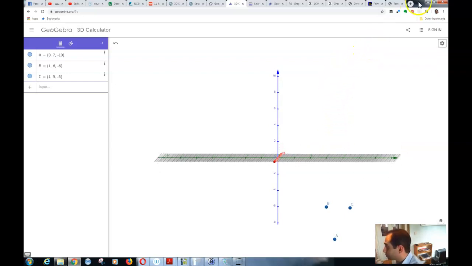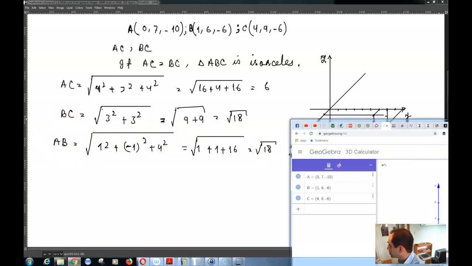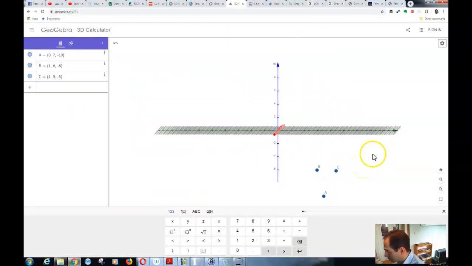Okay. So now, basically we saw that AB was equal to BC. As you can see, when I look at these points from a two-dimensional perspective, AB and BC don't seem to be the same distances.